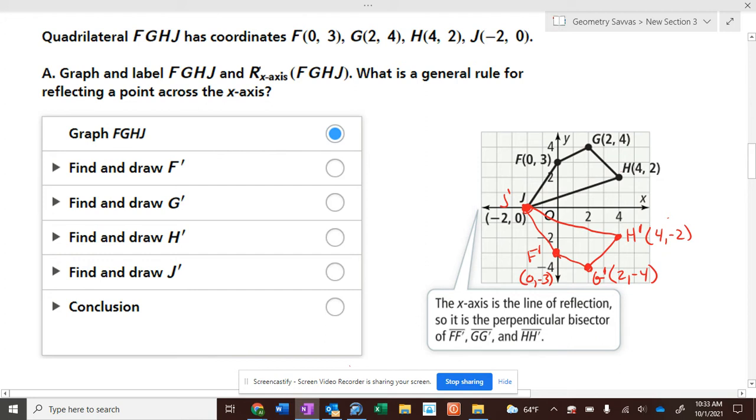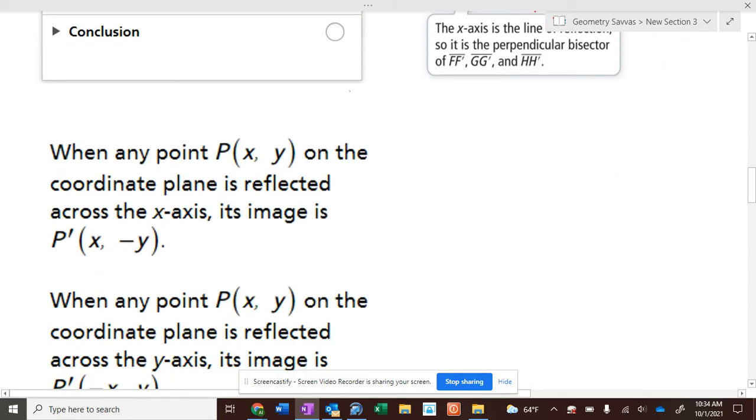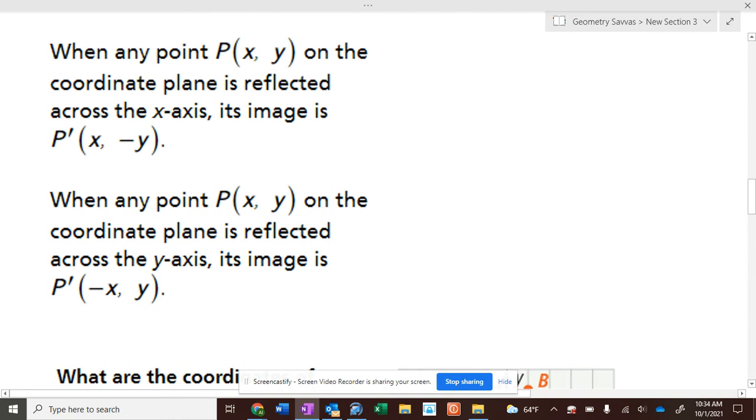For this one to this one, the y value has an opposite sign. What's the opposite of 0? 0. So what you do when you reflect across the x-axis, the y value has an opposite sign. So what would you think would happen if we reflected across the y-axis? The x value would have the opposite sign. So that's what it says right here.